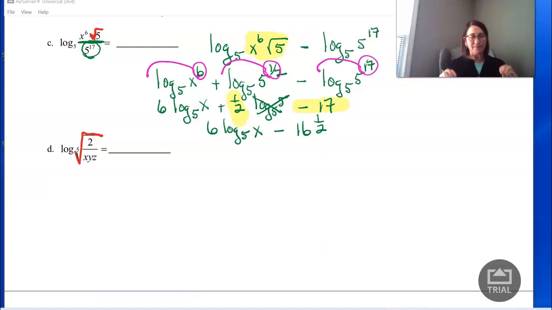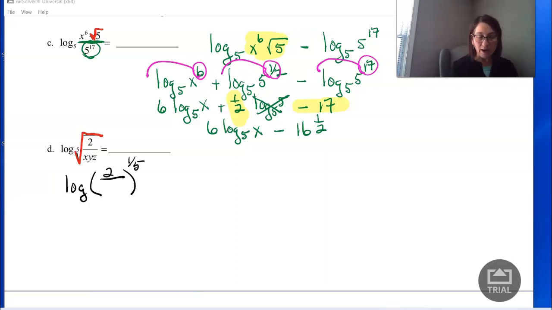The very first thing we're going to do is convert that radical to a fractional exponent. So I'm going to rewrite this as log, and that 5 is my index of 5. It's not a base 5. This is actually a base 10. So it's just log, and then I'm going to put parentheses with the 1/5 on the outside. And then the 2 over xyz is my argument.